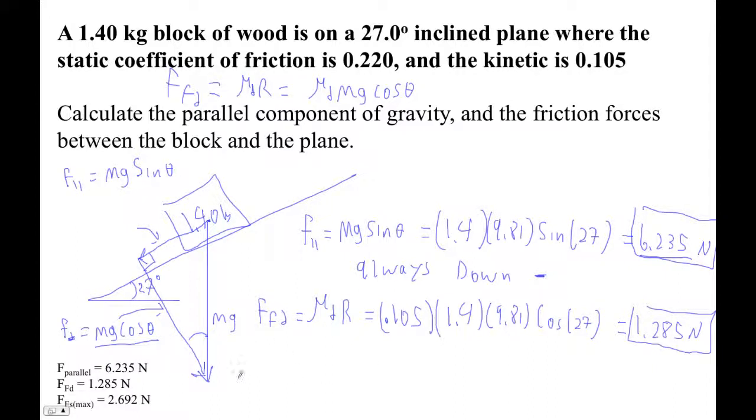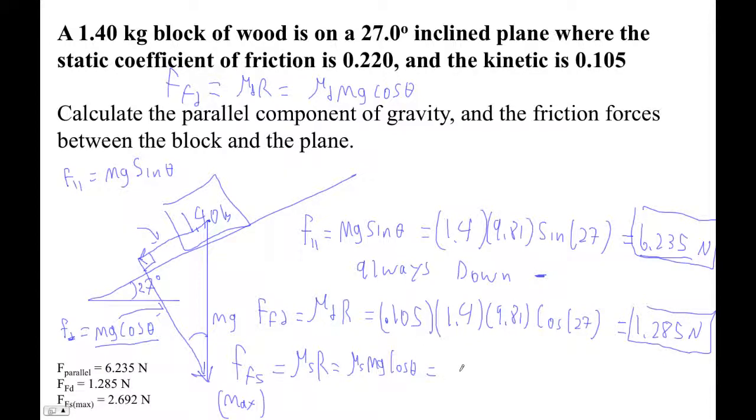And then the maximum force of friction, the static max, which only tells you whether the thing will actually stay on the plane if it's sitting still, is mu static times R, which is going to be mu static times mg cos theta, right?